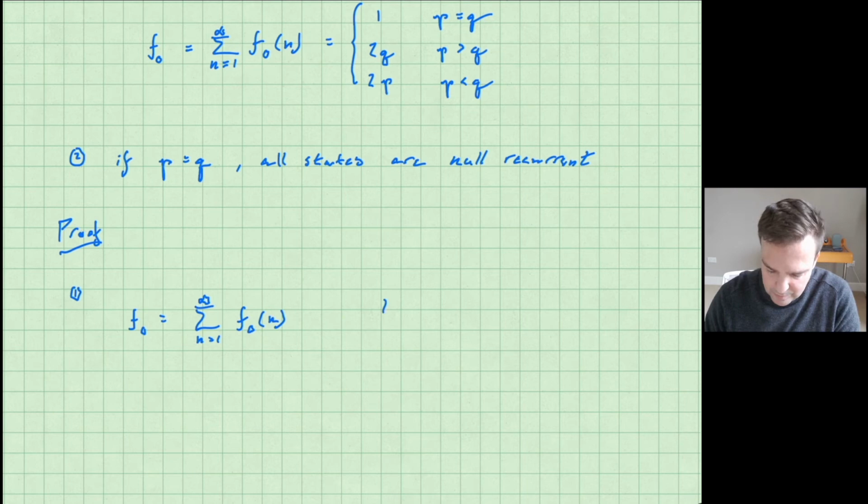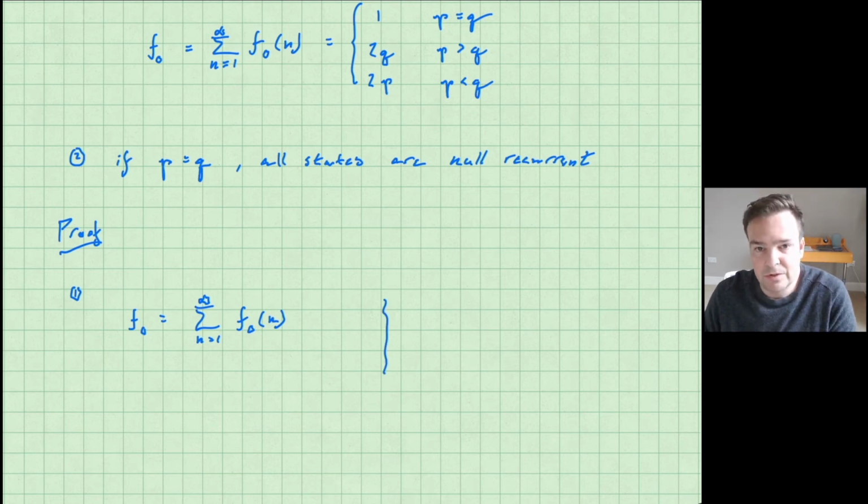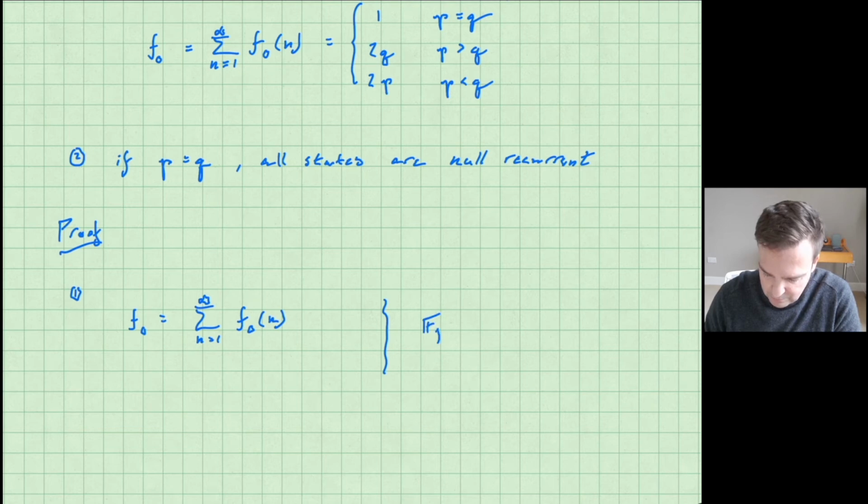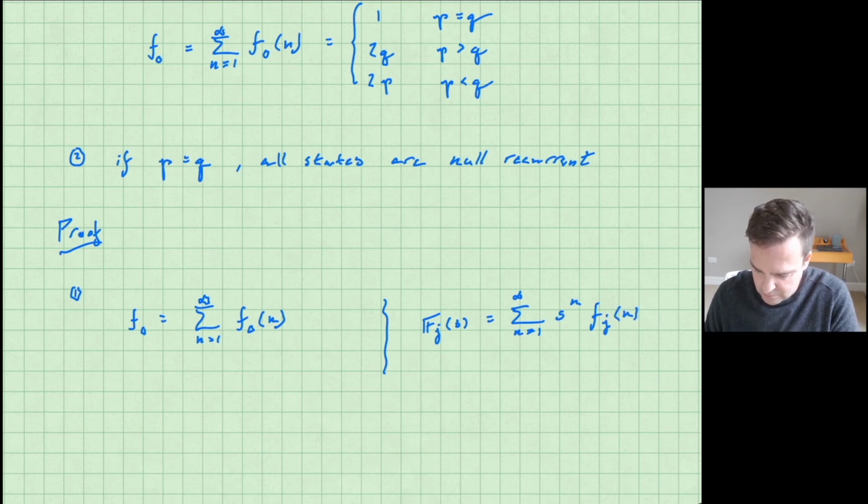But now remember what the generating function we created looks like, the one for f. Fj of s is equal to the sum over n equals 1 to infinity of s to the n times little fj of n, right?